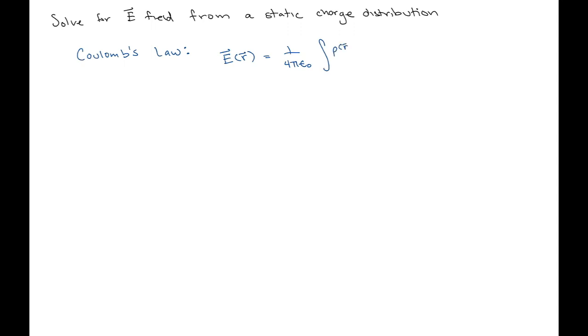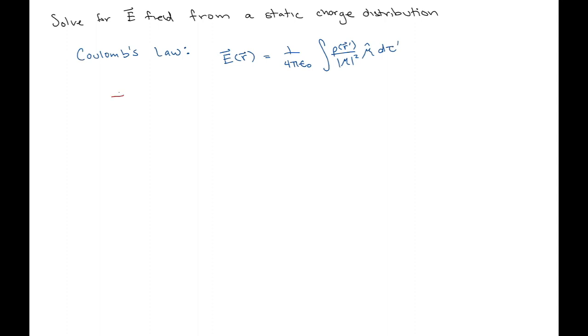And you guys have experienced that this integral can be a little bit challenging to correctly set up. And once you do set it up, it can be even more challenging to actually solve it by hand, and it can even be challenging to solve it on a computer, right? Even Mathematica sometimes would take a long time to crunch through one of these integrals.